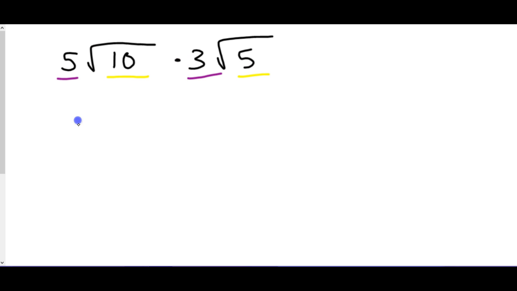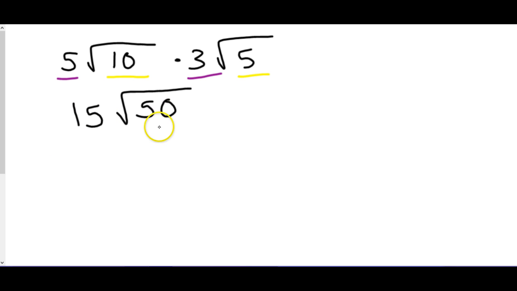So we would do 5 times 3 is 15, 10 times 5 is 50. And once you've multiplied them together, then we can simplify. There's another method where you simplify the radicals first and then multiply. I prefer to multiply first because if you simplify first, then multiply, you may have to simplify again. So I like to have less steps involved.